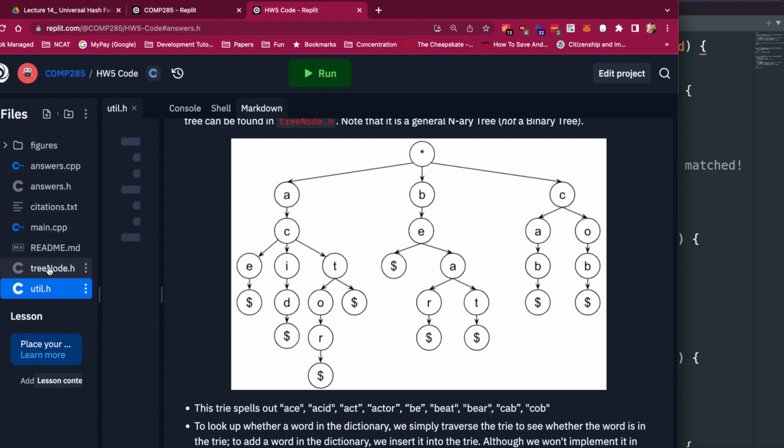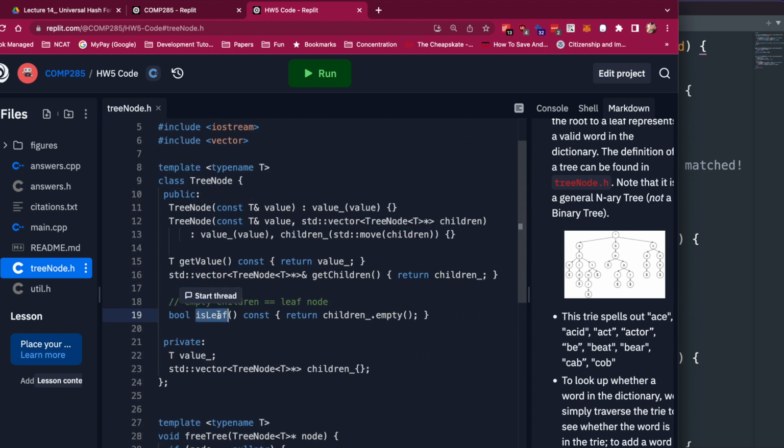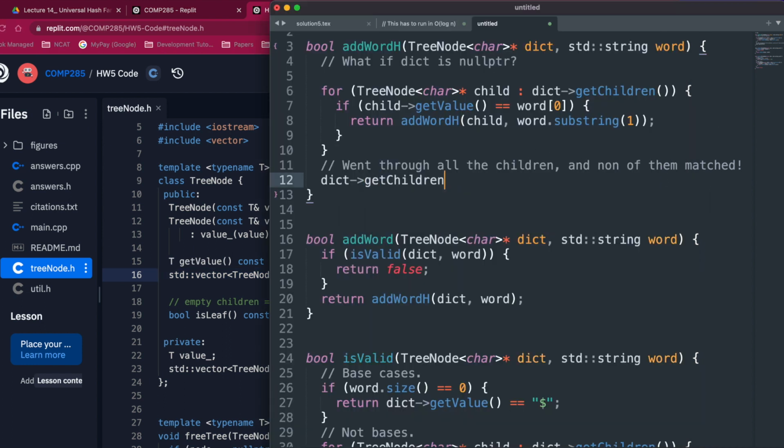So we look at tree.h here. We see that our tree can check if it's a leaf, and okay, get children will let you get the children and immediately add to it, so it is mutable. So we would do get children.